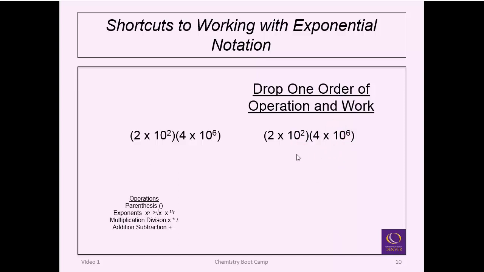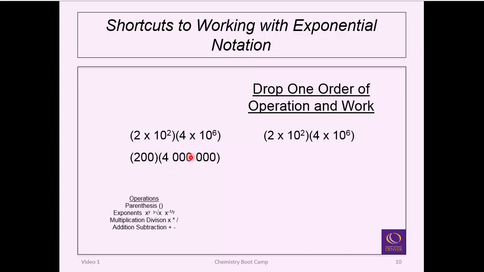All right, let's see another example. Okay, here we're multiplying. Multiply as you would in front. That's normal operation, 8. These powers are being multiplied. Drop one order of operation below multiplication. That's addition. So just add them. So it's 8 times 10 to the 8th. Now, if you worked it out long ways, you could see how that's true.